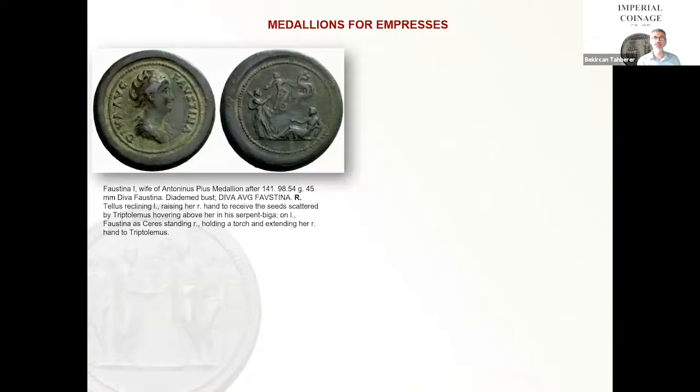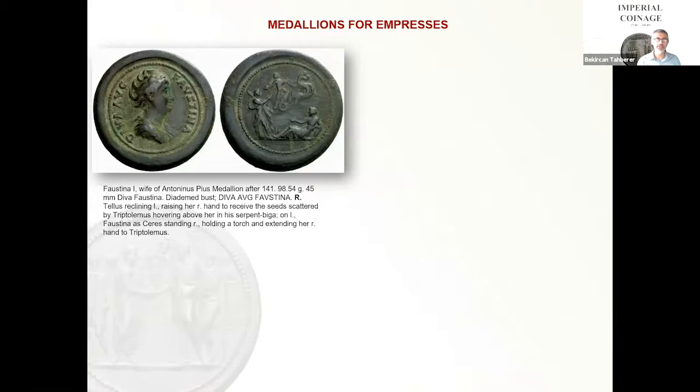We see medallions for empresses as well as emperors. Here is one for Faustina, wife of Antoninus Pius. They are mostly associated to certain gods and goddesses.